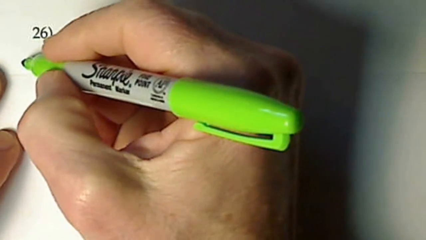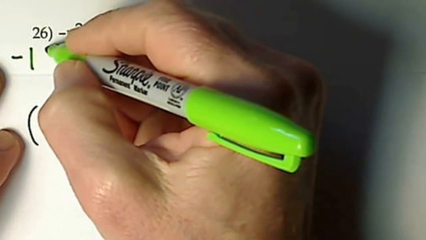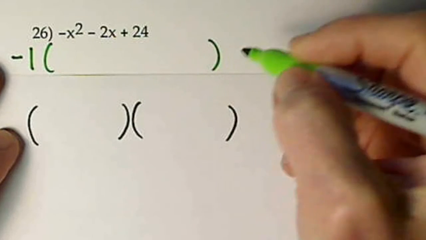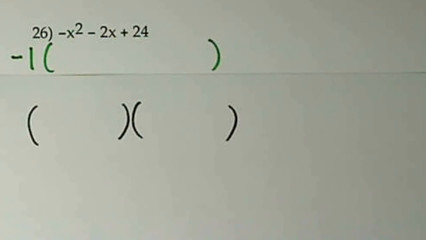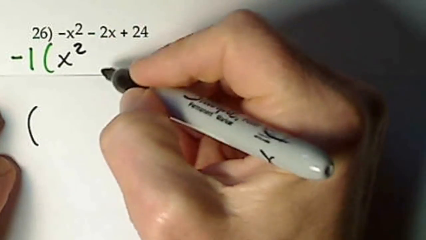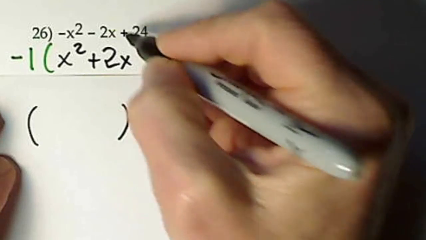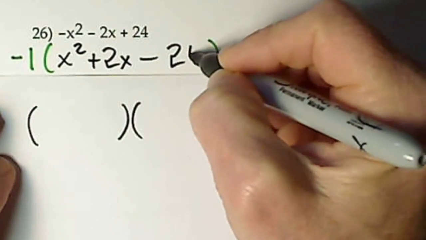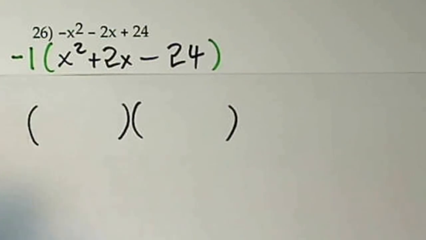So if I factor out a -1, I'll be left with, the signs basically will change. So I'll have x squared plus 2x minus 24, and you can always check that in your mind real fast.